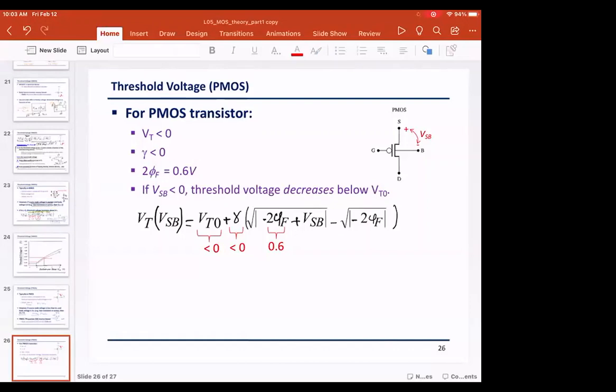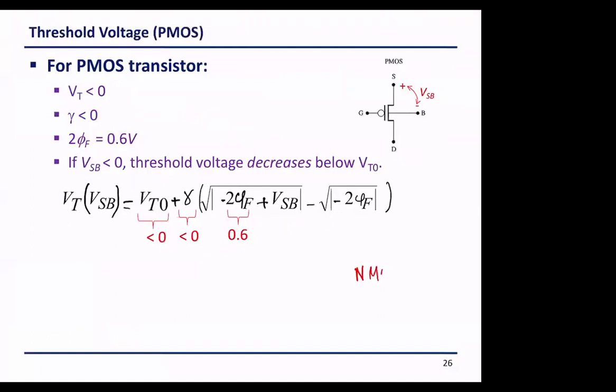So we said that for the NMOS device, if VSB is positive, VT will increase, and in a similar fashion for the PMOS device, if VSB is negative, meaning if VS is less than VDD, then the magnitude of VTP is going to increase.